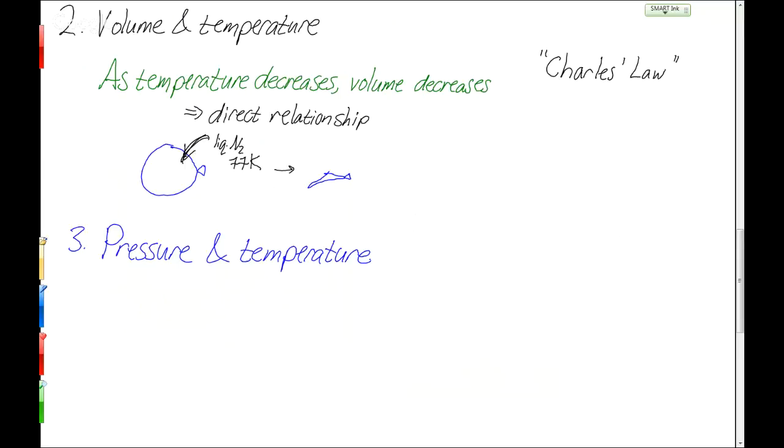But with volume and temperature, with air conditioning, you have this compressed gas called Freon, or whatever the new Freon things are, and then it expands into a wider tube in your air conditioner. And that expansion, going from small volume to a larger volume, causes a decrease in temperature. So we usually think about that second one as what happens when we change the temperature, but we can also change temperature by changing the volume.